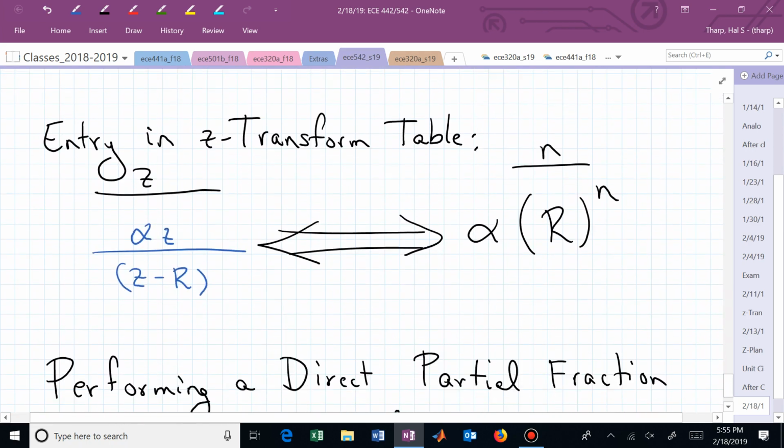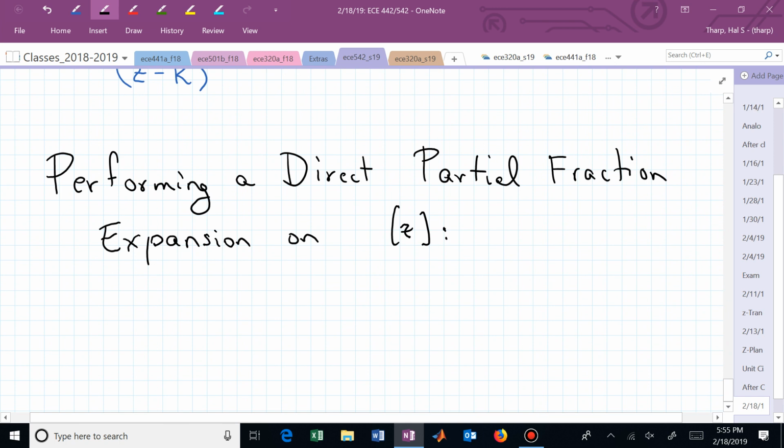It was f of z. I'm still trying to warm up from the walk over.